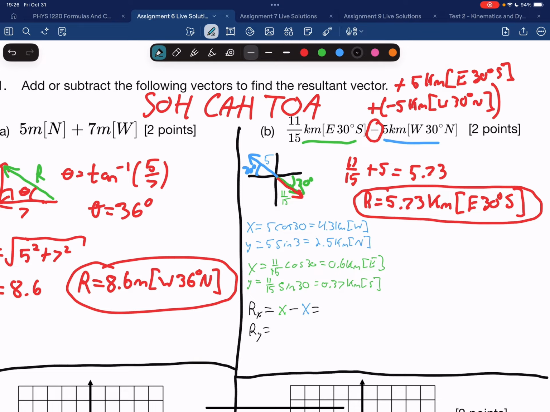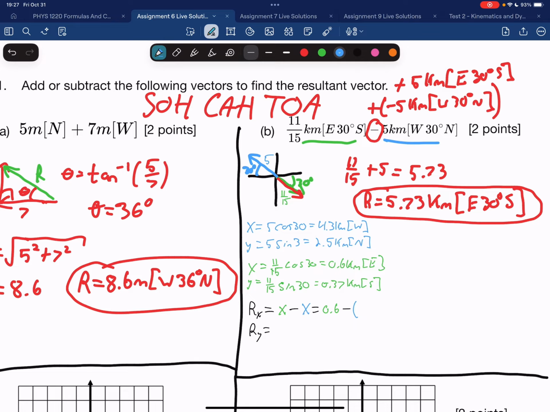And that will give us 0.6 minus, now, this is 0.6 east. I'm currently trying to subtract 4.3 kilometers west.